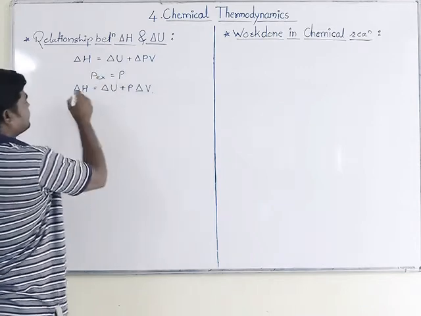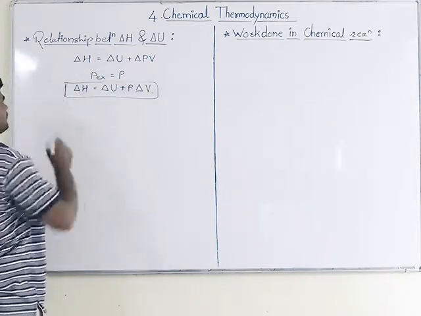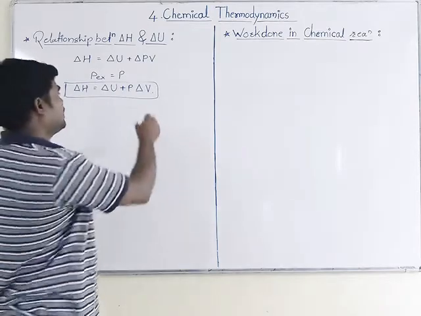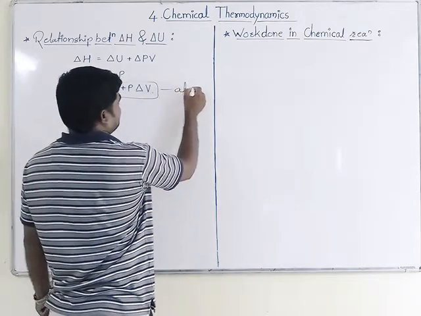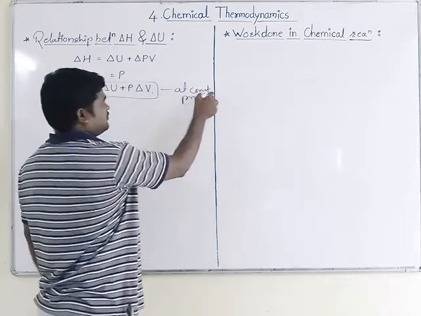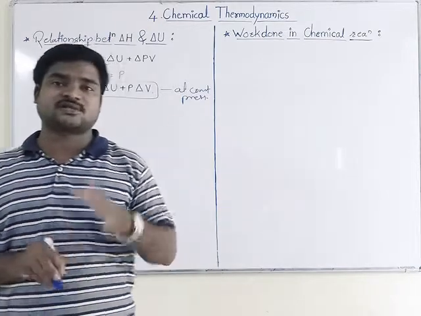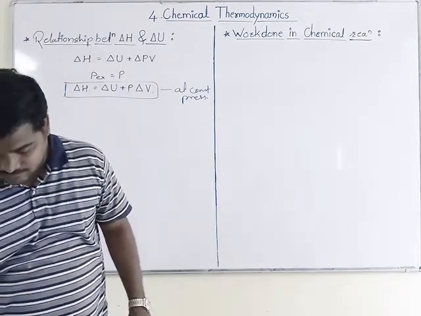Now we will start with this equation. This equation is nothing but, we can say, at constant pressure, where both the pressures become equal, external pressure as well as internal pressure.